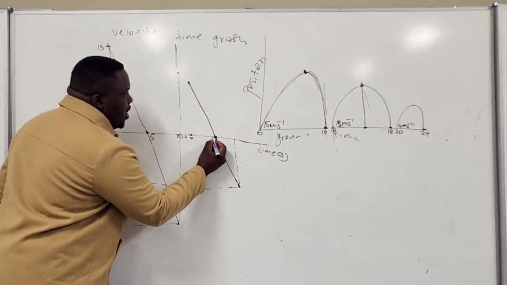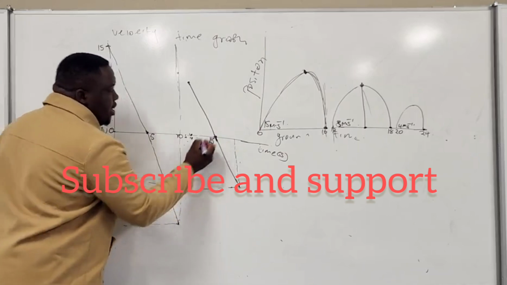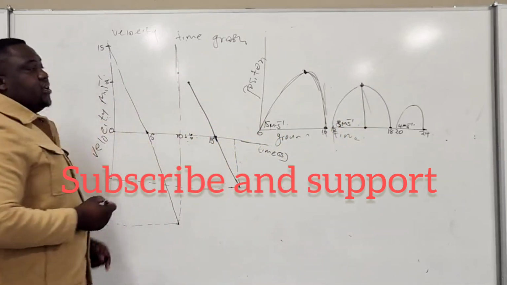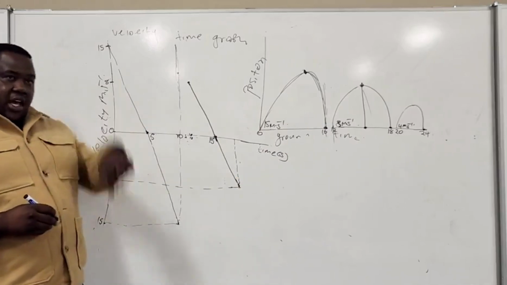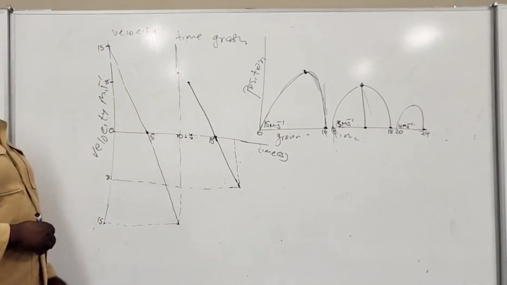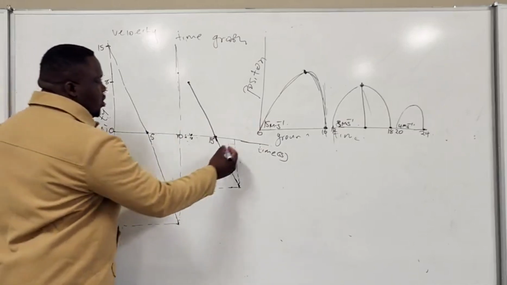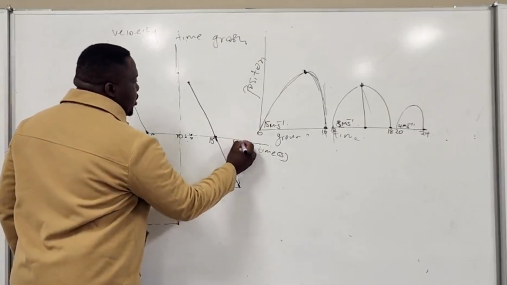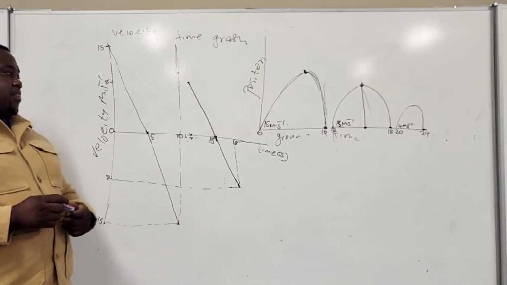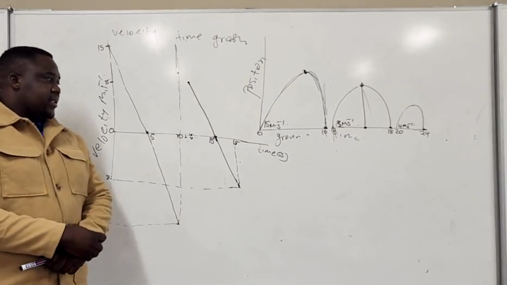So at the maximum height, it will be 15 seconds. It means here we have 15 at this point. You understand? Then when the ball returned back to the ground, the time was 18 seconds. So it means here it will be 18. And I think this graph is too obvious the way it is represented.